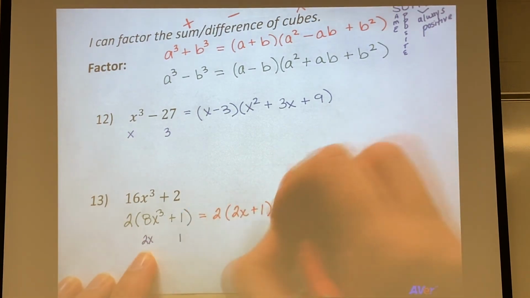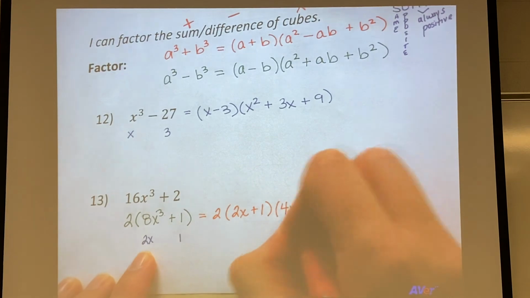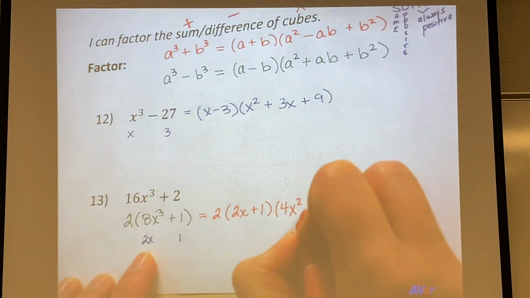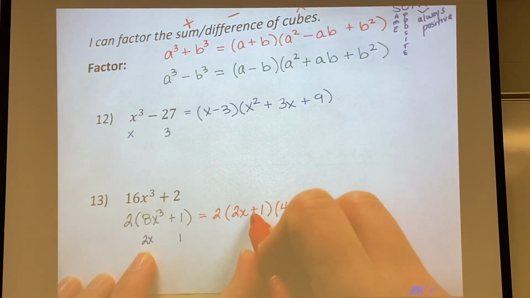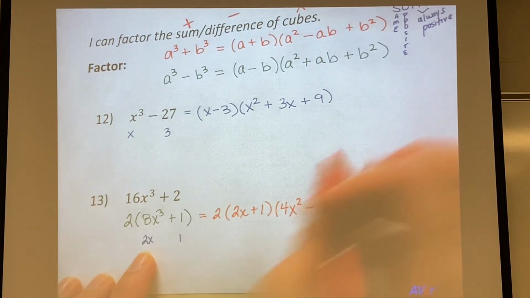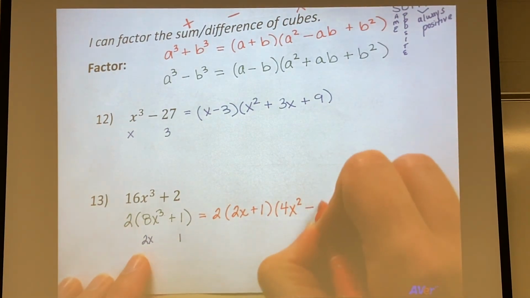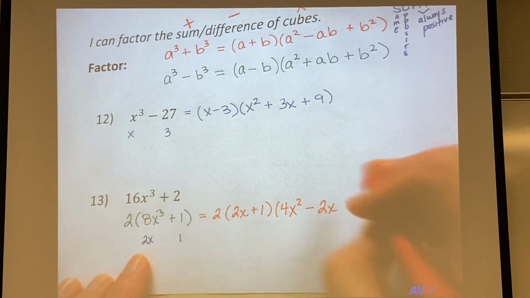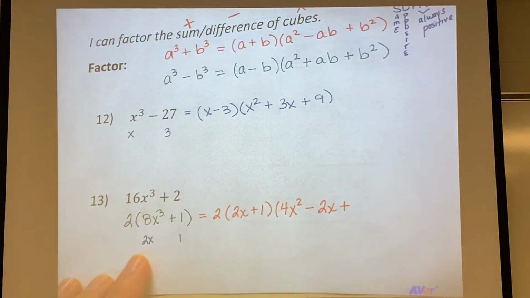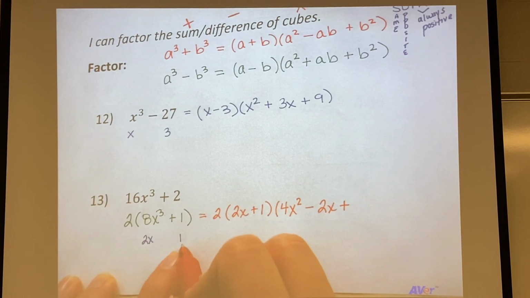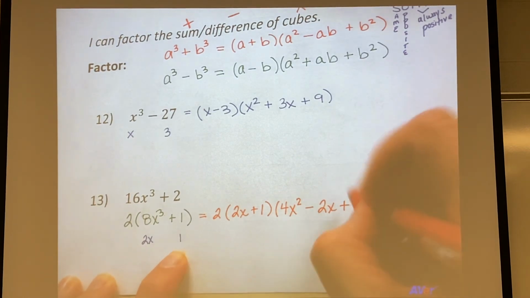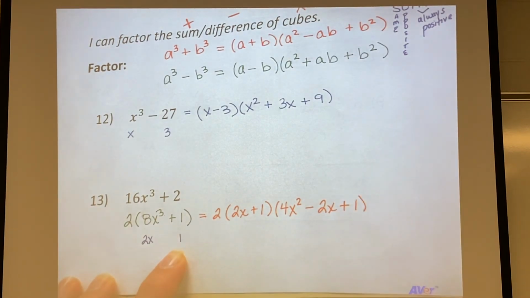So 2 squared is 4, and then x squared. My next sign is the opposite. So it was addition, now it's subtraction. My next term, I multiply these together, 2x times 1, so it's 2x. My last sign is always positive, and then I need to take that 1 right there and square it, which is 1, to finish it off.